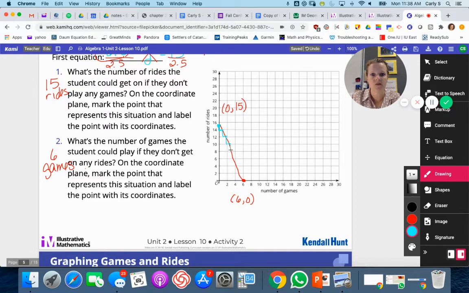So this right here is my slope, to get down to the bottom, and my drawing is terrible. But my slope is negative 2.5. So that means for every decrease in games, I can ride more rides. Goodness, I can't get it straight.